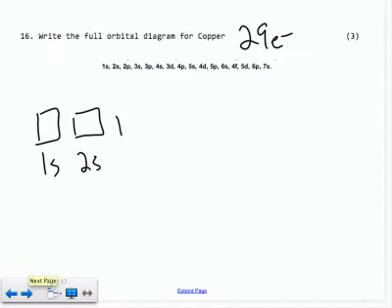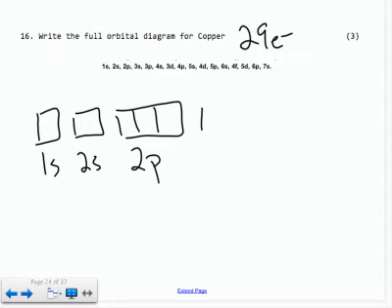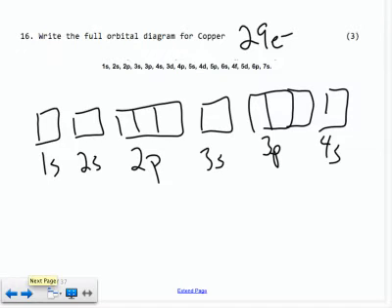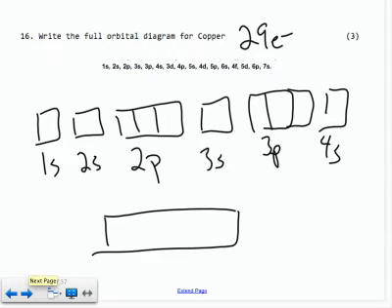1s, 2s, 2p has 3 orbitals, and then 3s, 3p, 4s, 3d.